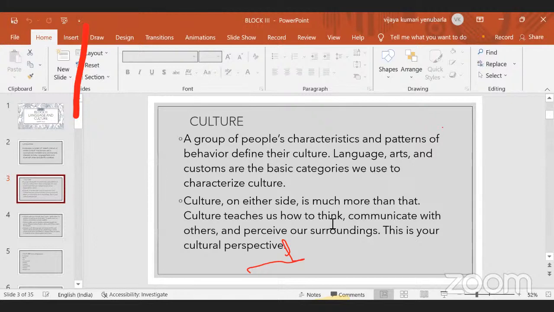So culture teaches us how we should behave, how we should modify, how we should learn. So we elders teach youngsters or kids how to behave, how to greet people, how to address people, how to respect people, and what moral values we have to learn, what kind of language we have to use. All these things we observe.